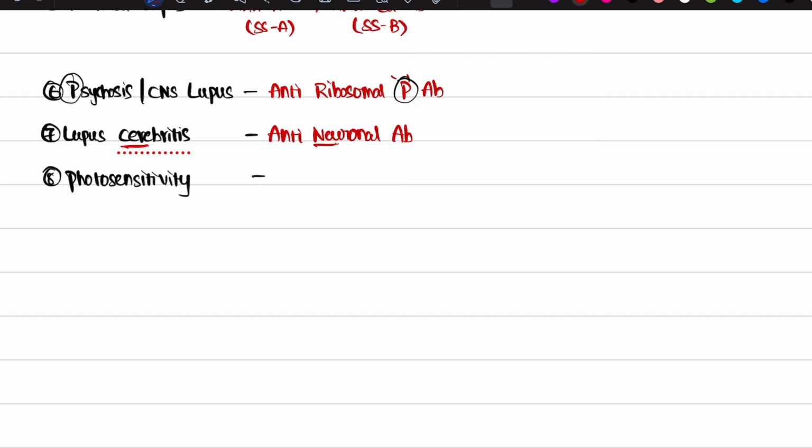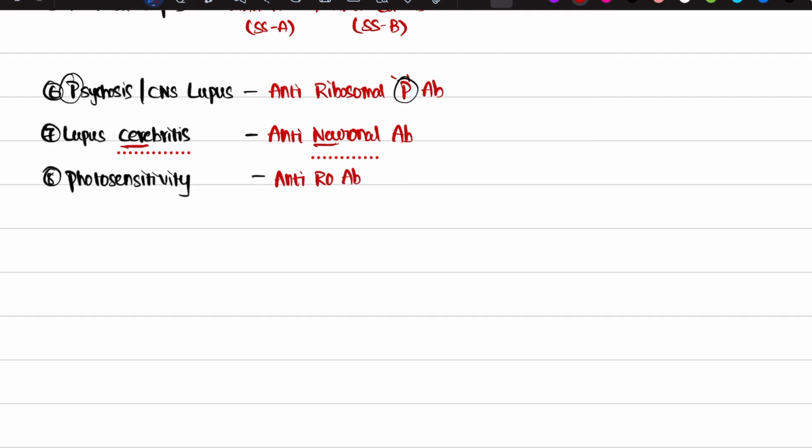Photosensitivity is caused by anti-Ro antibody. What does it mean? If a person stands in the sunlight, he is sensitive to sunlight, the sun-exposed areas become red, and this is how the patient presents. In this way we also see the malar rash. I am coming to that as well.